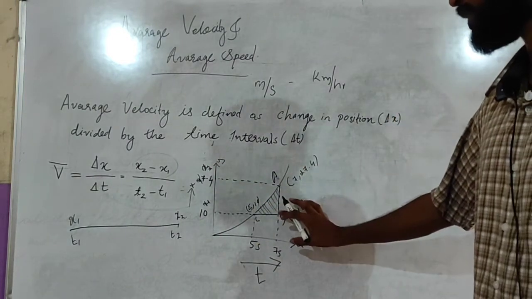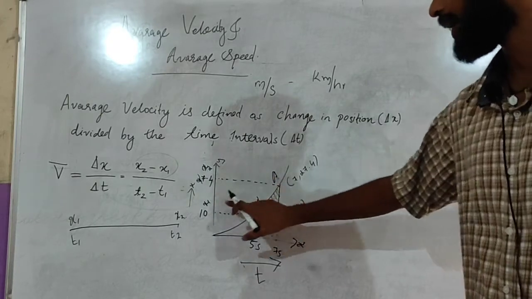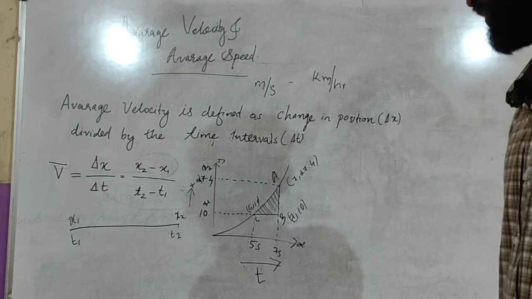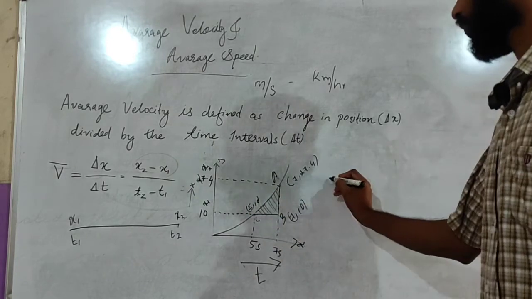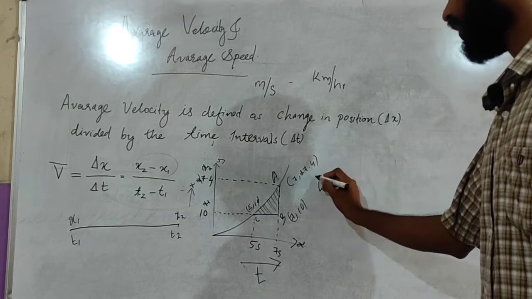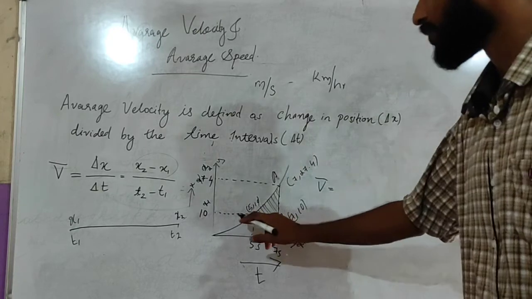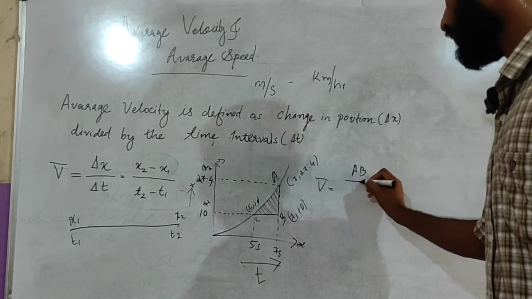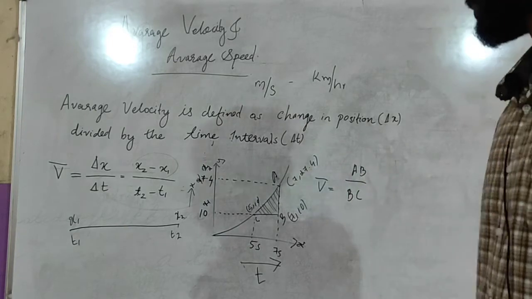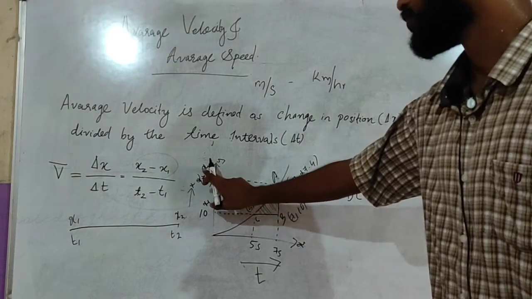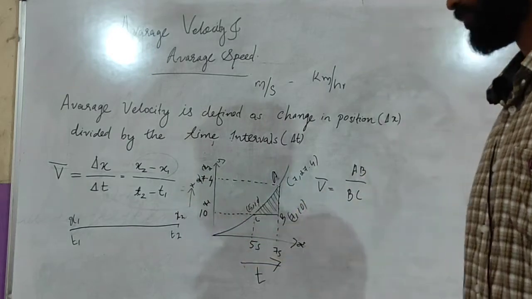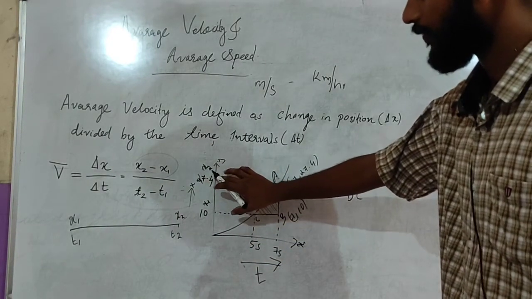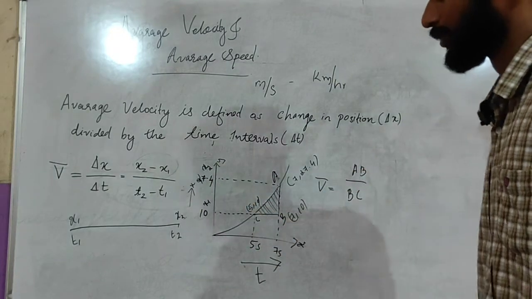So AB is equal to x2 minus x1. So we can say the V bar, average velocity, is equal to the slope of the graph, that is AB by BC, where AB is equal to x2 minus x1, the position of the object at the final position x2 and initial position.